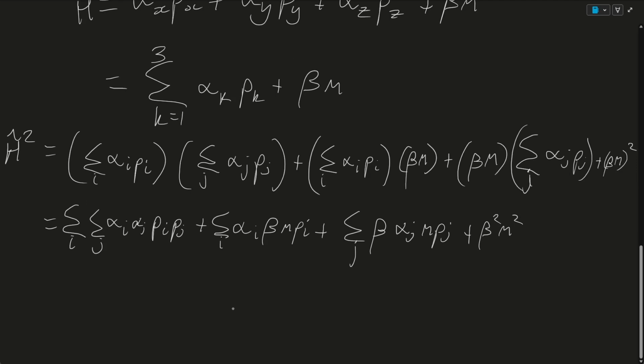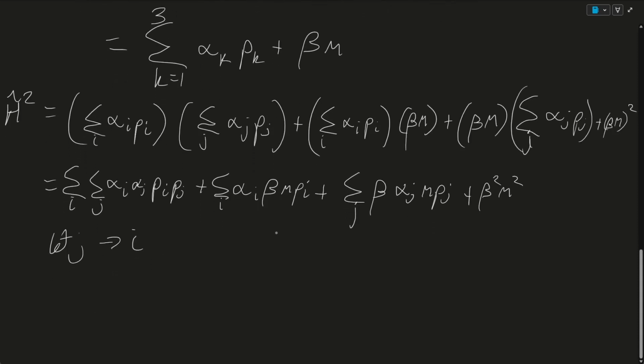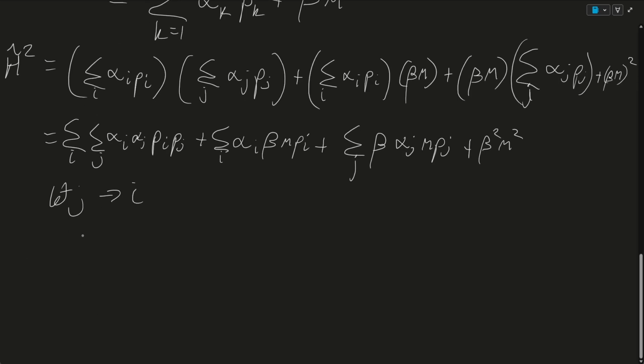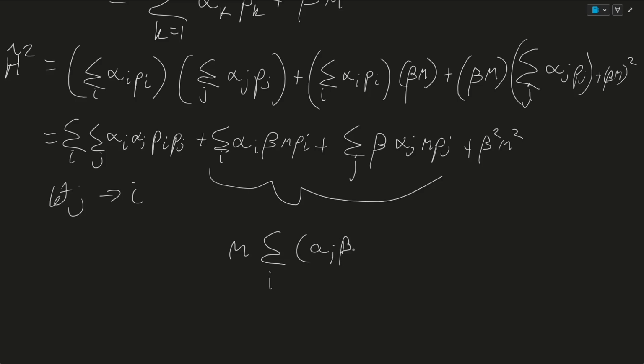Now we can group linear momentum terms. Let j tend to i in our third term. So the linear terms both become m times the sum over i of alpha_i beta plus beta alpha_i p_i.